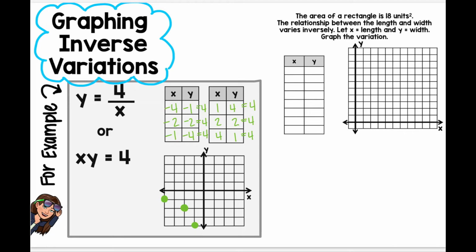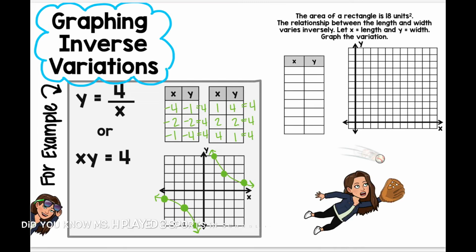Then we can plot the points 1, 4, 2, 2, and 4, 1. Notice that this doesn't look like a straight line. It's certainly not a direct variation. When we connect this line, it's going to look kind of like the laces on a baseball or the laces on a softball. This is the graph of an inverse variation function.